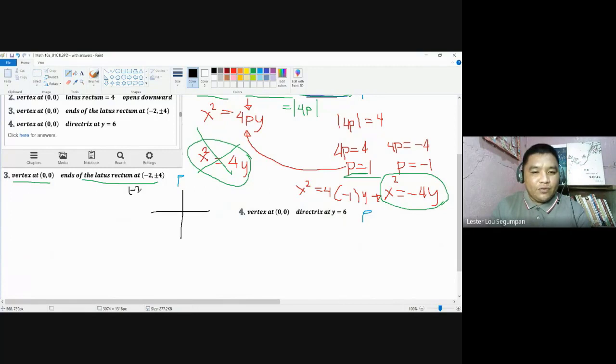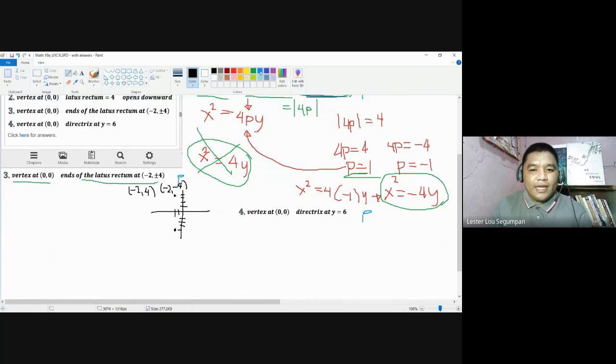We have (-2, 4) and (-2, -4). So it's actually located somewhere here, (-1, -2) rather. So you have 1, 2, 3, 4, and that's the second, 1, 2, 3, 4 here.